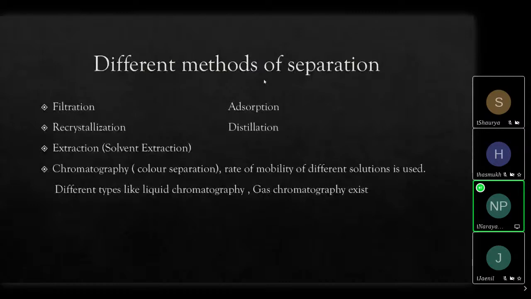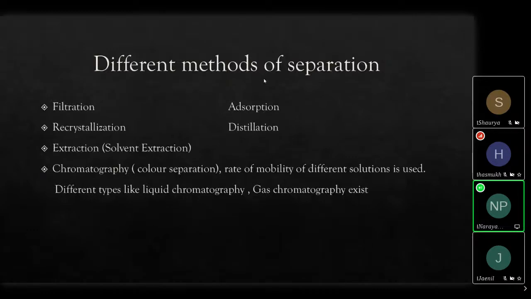So you create a column, and the different solutions flow at different rates, so at different parts of the column, you get different material. There are different types of liquid chromatography, gas chromatography, and such things. So these are used for separating materials.